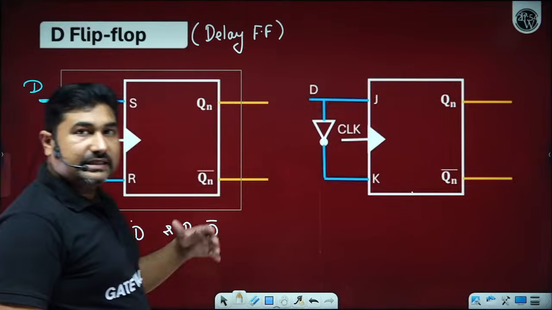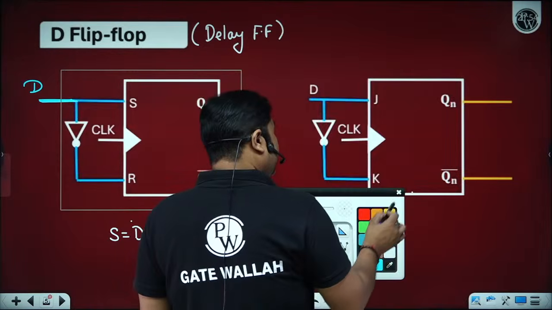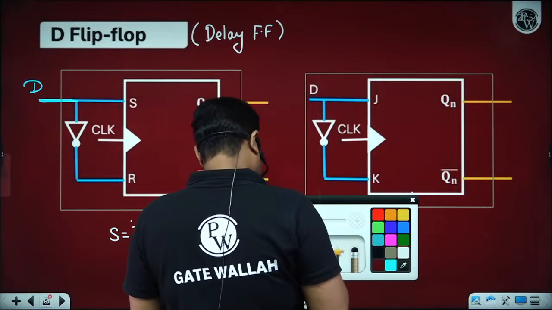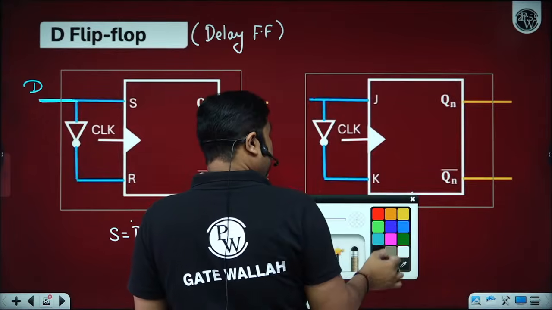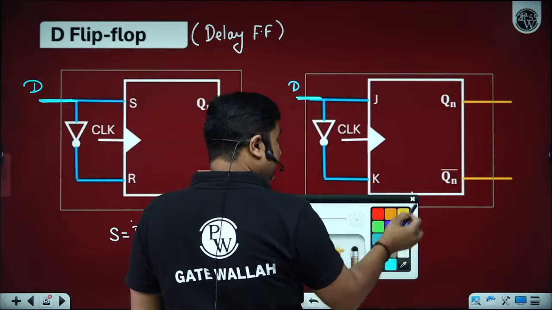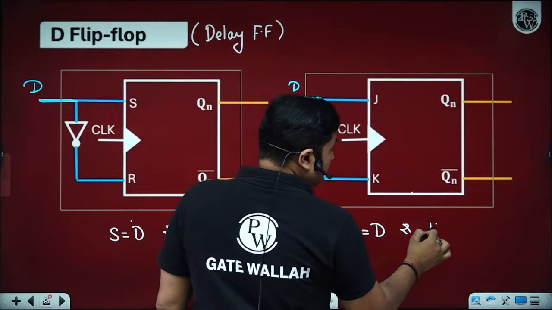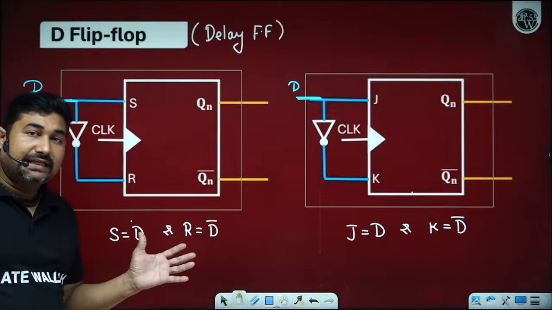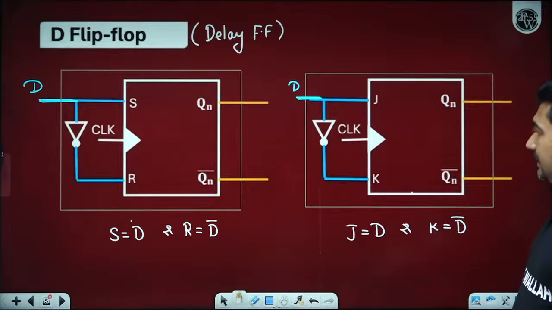We can also design the D flip-flop using a JK flip-flop. Here it can be clearly observed J equals D and K equals D bar. So a D flip-flop can be designed using either an SR flip-flop or a JK flip-flop.